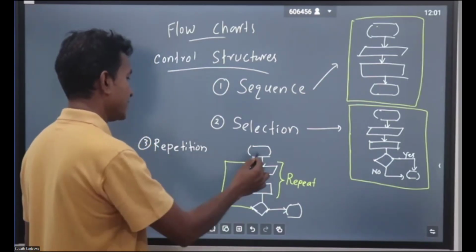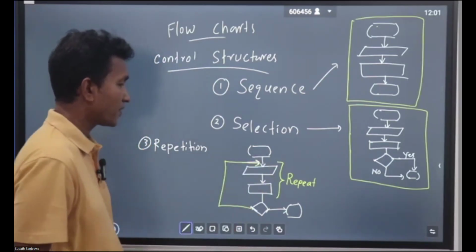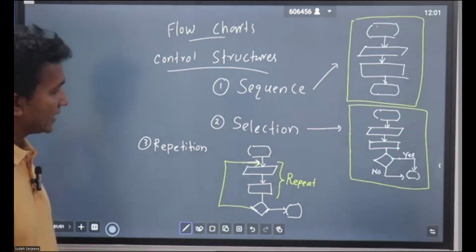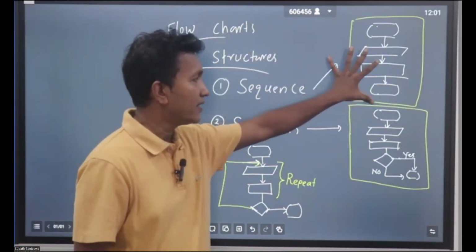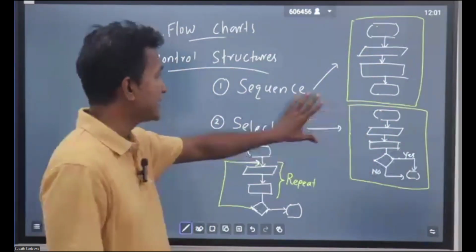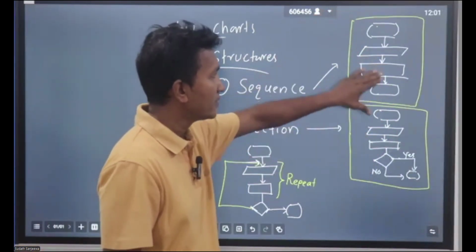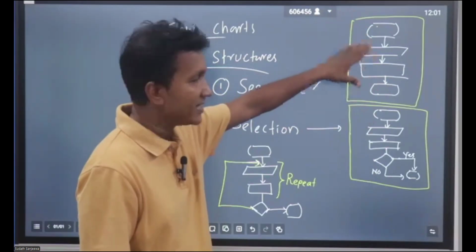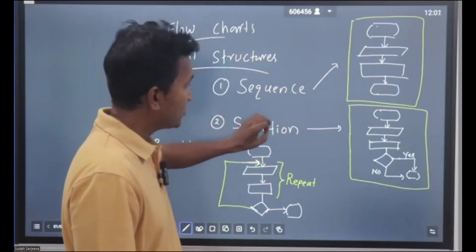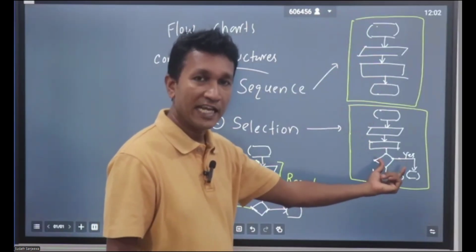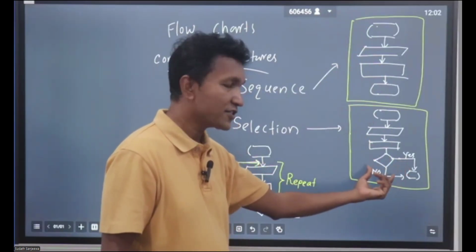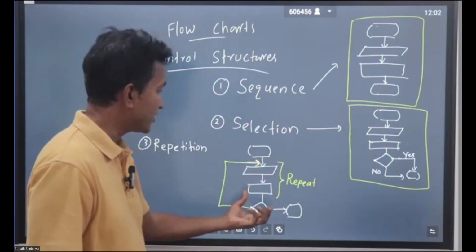Your head is bottom to top, right? This is the main idea of sequence. There is no special thing in sequence. Selection, from the two parts we have to select one part, that is selection, and repetition.